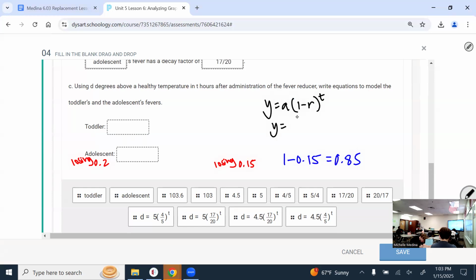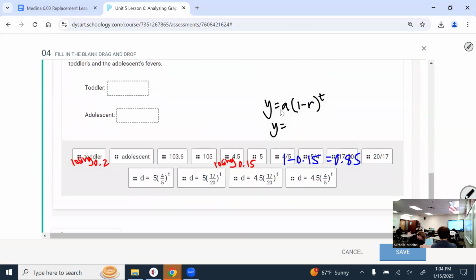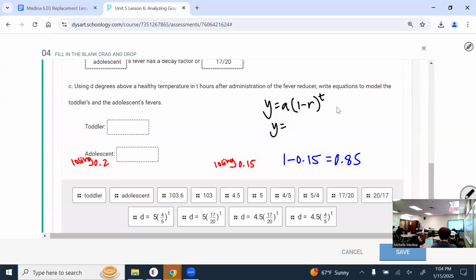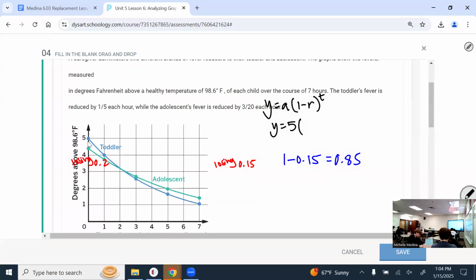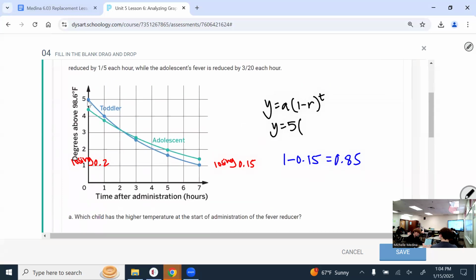What was my initial amount for the toddler? Good. Because that is their y-intercept. You don't want to use 103.6, even though that is what it is, because they did the axes kind of weird, but this is my y-intercept, not the 103.6.